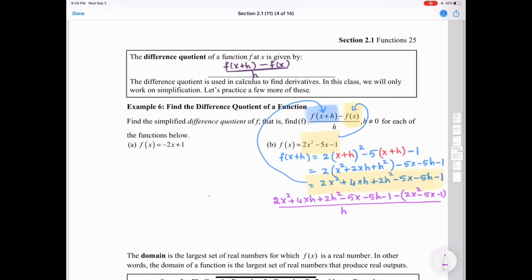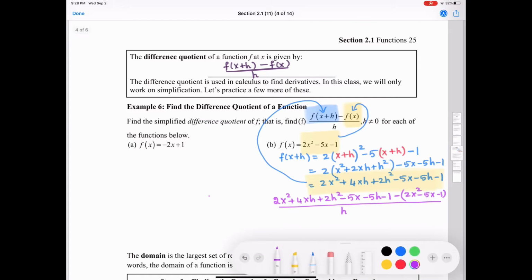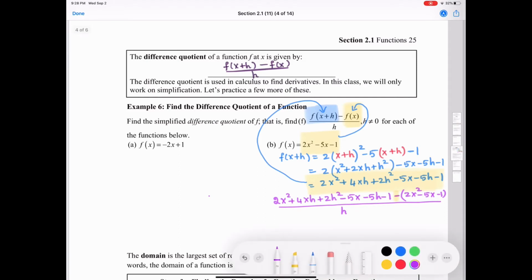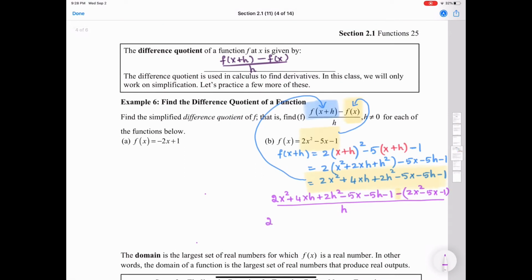Simplify it, distribute this negative sign, and simplify it further. The next step could be 2x squared plus 4xh plus 2h squared minus 5x minus 5h minus 1 minus 2x squared plus 5x plus 1, this whole thing divided by h.